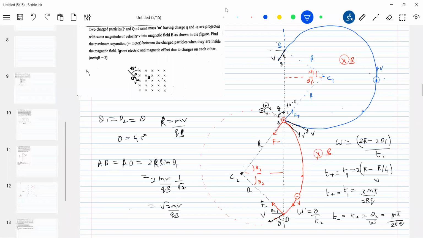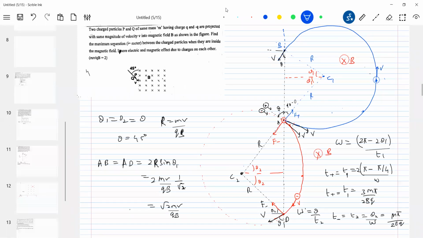Say both have the same charge, same mass, both are projected with the same speed, so both have the same radius of curvature. So the only thing is that some sort of reflection of the path is what you have to take help of here.